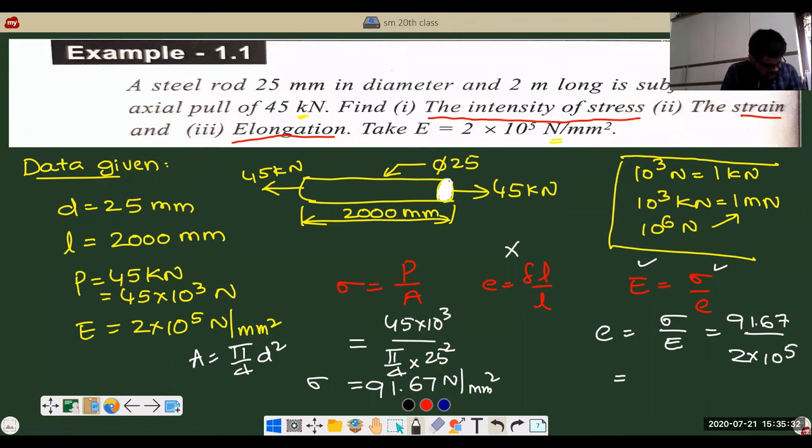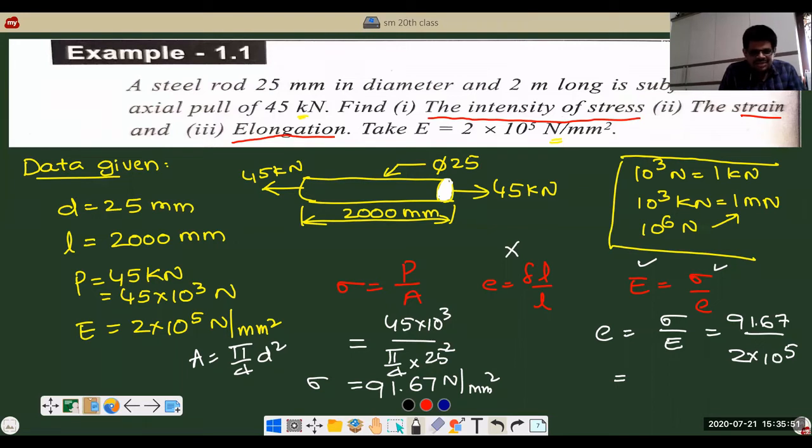Somebody has written the answer as 4,58,003,500. Siva, your value is correct, but the answer is wrong. Your digits are correct, but the answer is wrong.